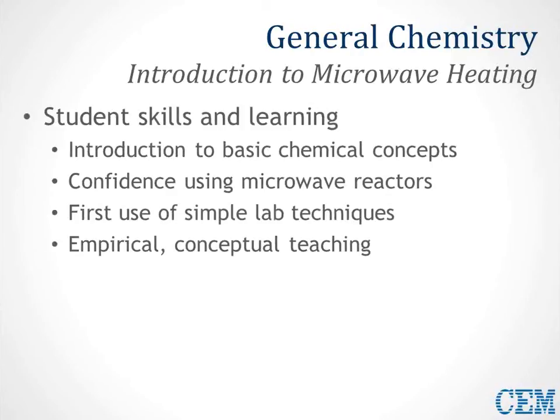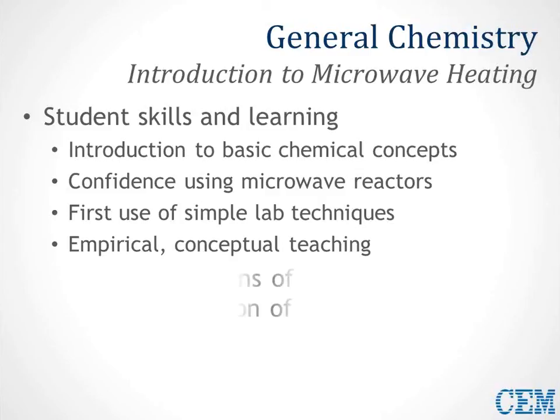And the goal here for the students is just to get very basic chemical concepts. These are simple experiments that we're talking about doing here, and they also help the students get familiar with the system and the instrumentation, running something pretty simple, not much that they need to be concerned with in terms of running a synthesis, for example.